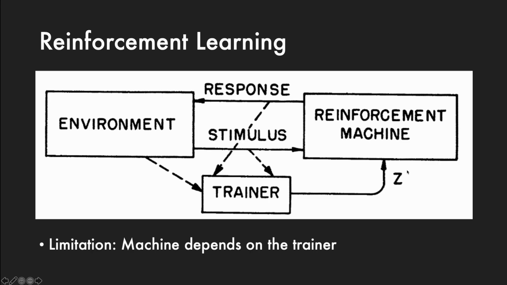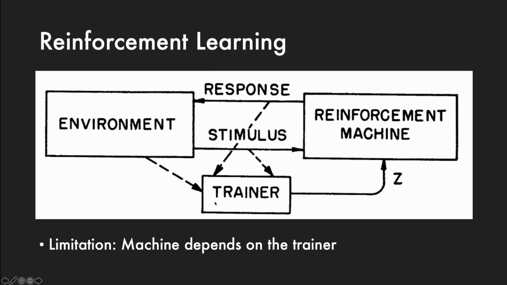So now let's talk about reinforcement learning. This idea is definitely still in use today in AI. So we've got the computer and we have the environment, and the environment's emitting stimuli, and the computer has to give a response. And we want it to give a good response, not a bad response.